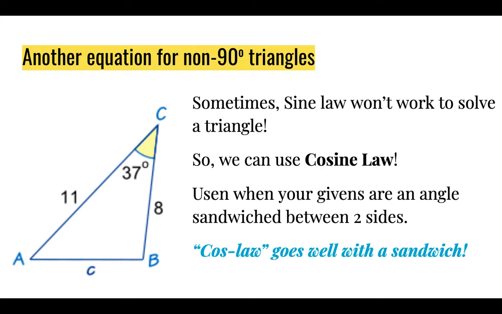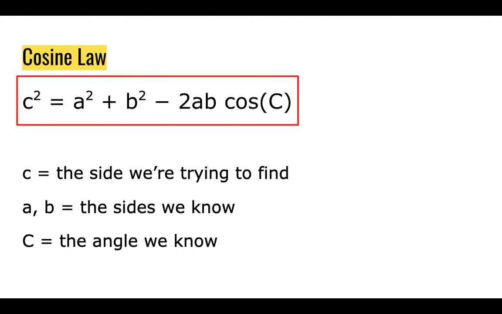Okay, so let's see what the cosine law is. The cosine law is this: c squared equals a squared plus b squared minus 2 times a times b times cosine C. Now this looks a little complicated because it's a large formula, but it's nothing you can't handle.